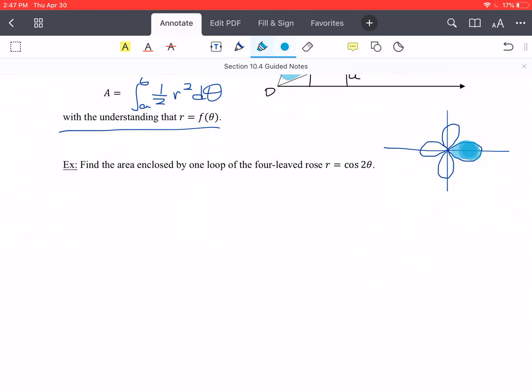Okay, so we need to go ahead and section off one of these, and it doesn't really matter which one you pick. Okay, so this is going to be bounded between theta equals negative pi over 4 and theta equals positive pi over 4.